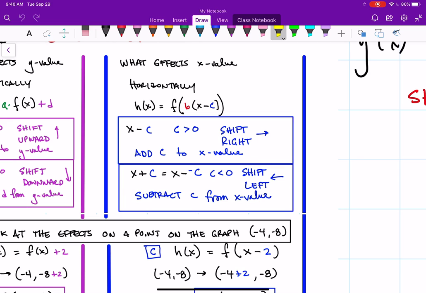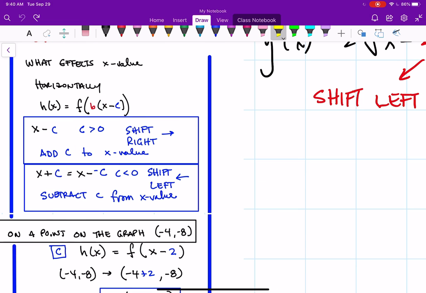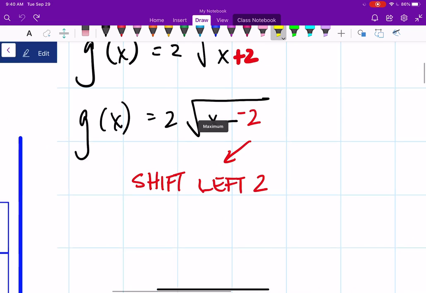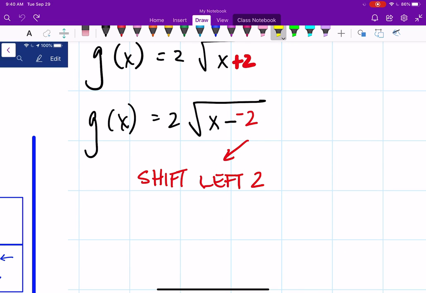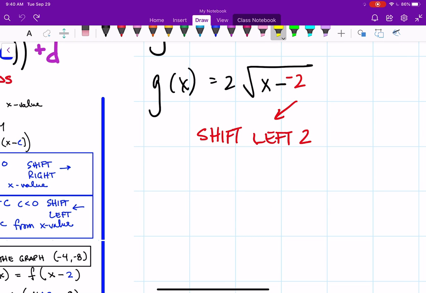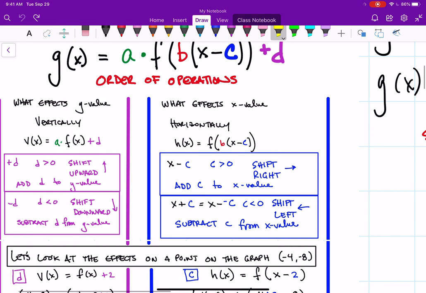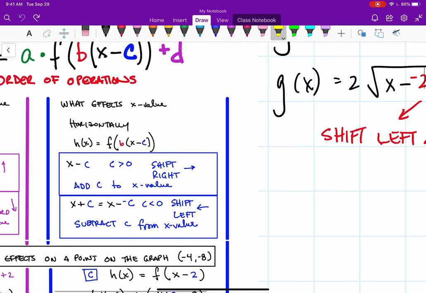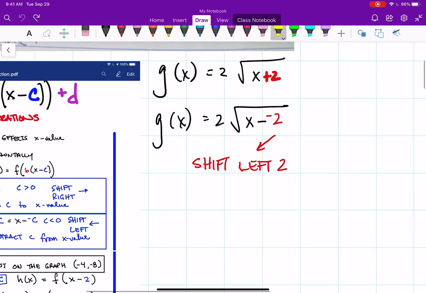And we notice there is that negative sign right there, so now it shows me that negative 2, so I know it's a shift to the left. When I do the order of operations, I have to go inside first, so that's the first thing that happens, okay?